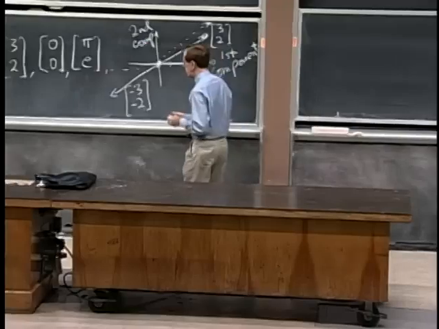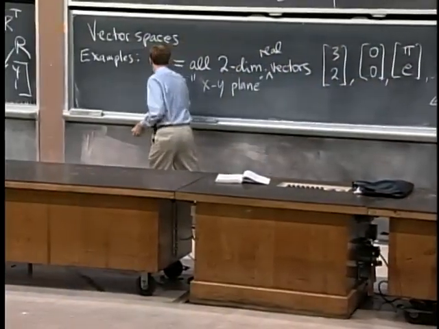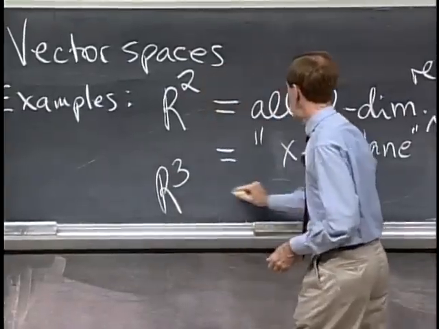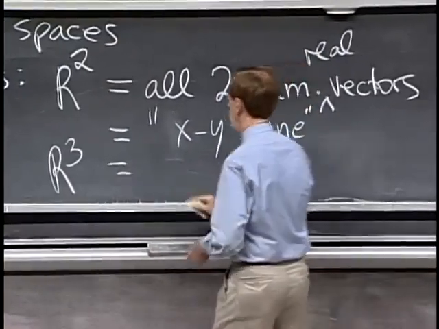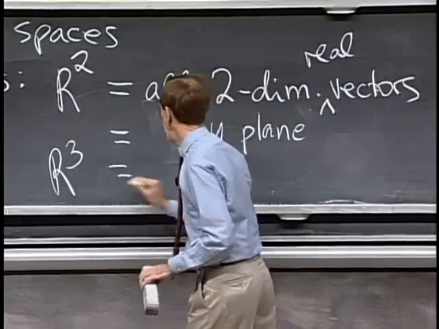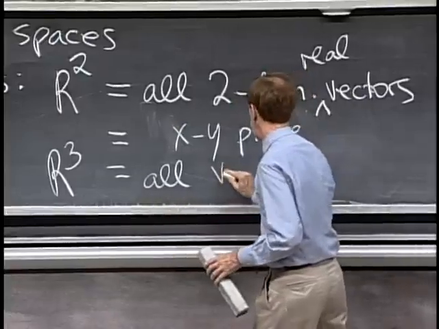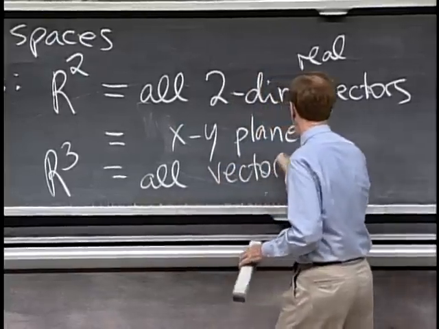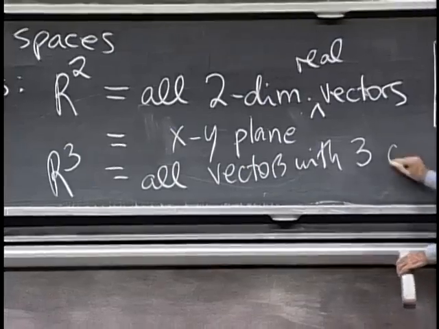Okay, similarly easy is R3. R3 would be all three-dimensional vectors, or shall I say vectors with 3 real components?